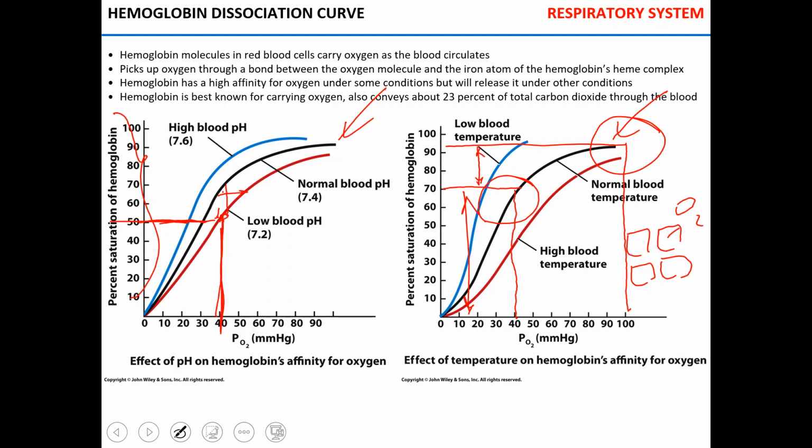So with the pH going down, oxygen unloading increases. Same story you can see for elevated temperature. When temperature goes up, unloading of oxygen from hemoglobin increases as well.